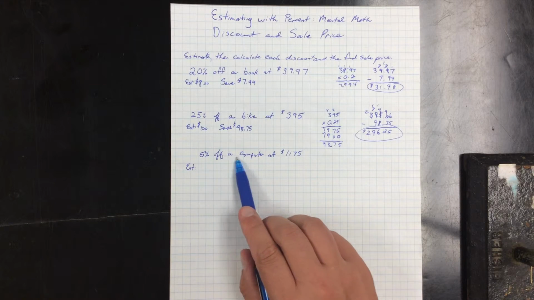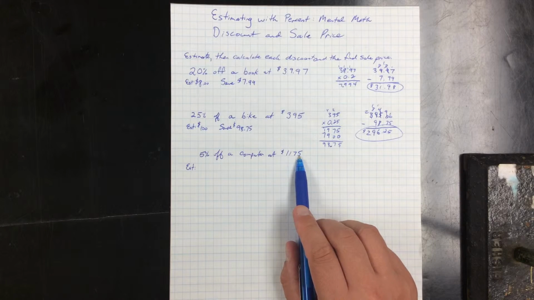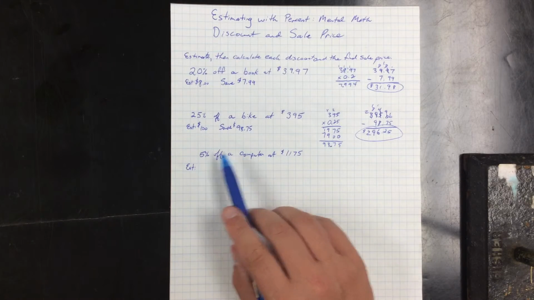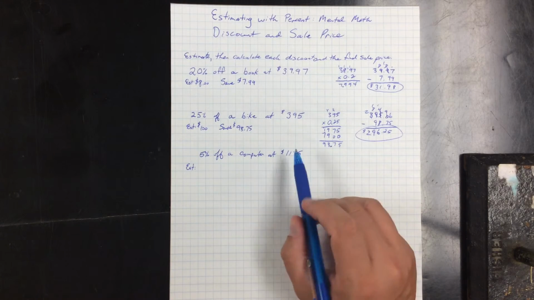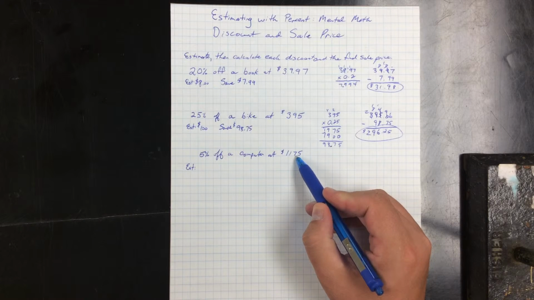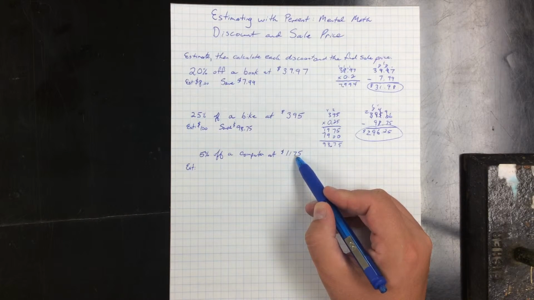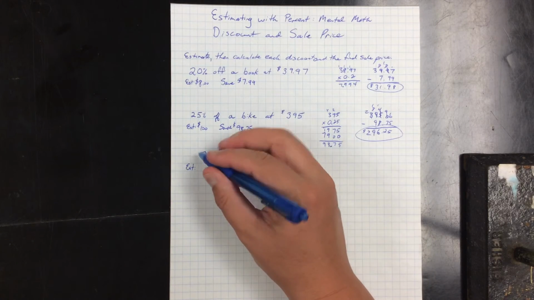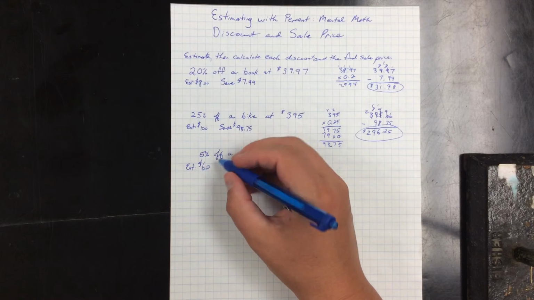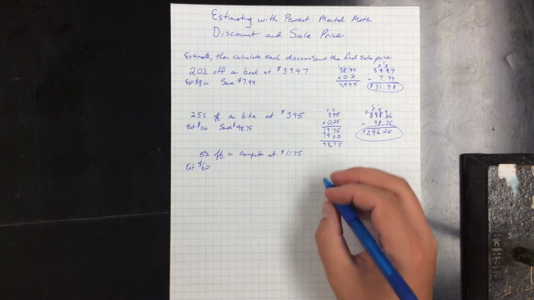All right, 5% off a computer at $1,175. Okay, so if I made this 10%, 10% would be $117.50, which is pretty close to $120. So what's half of $120? $60. So I'm going to say it's a $60 discount.